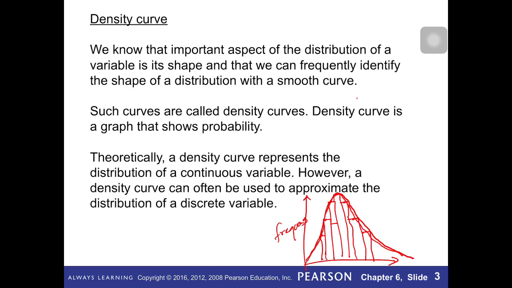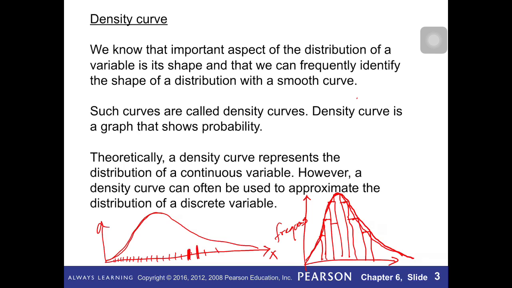Clear? Theoretically, the density curve represents the distribution of a continuous variable. Why continuous? Because if you consider a curve like this, it has values along this axis. Let's say this is the x-axis. Each x value has a y value, right? In between any two points, there are many points.